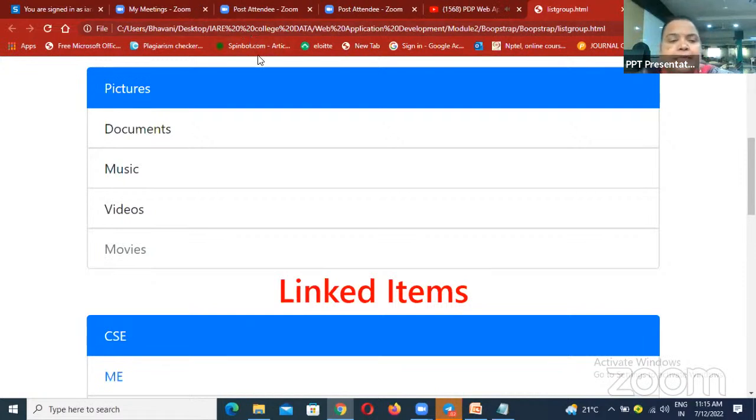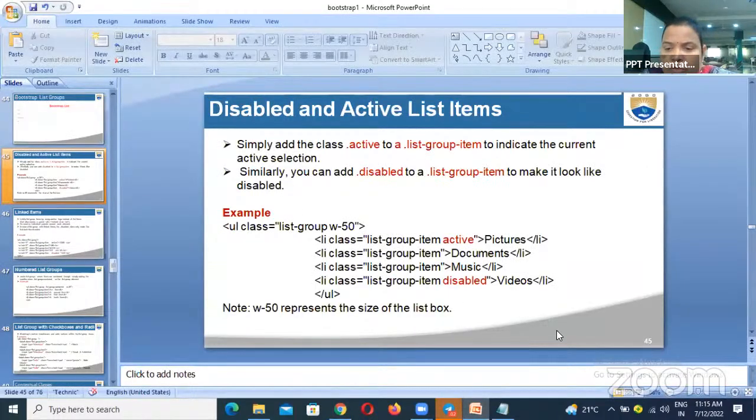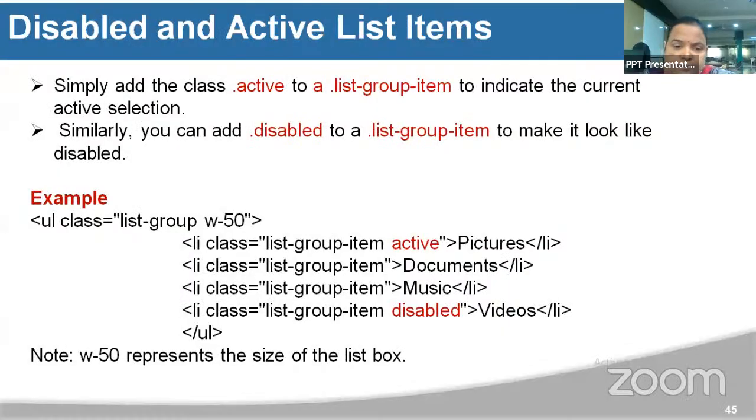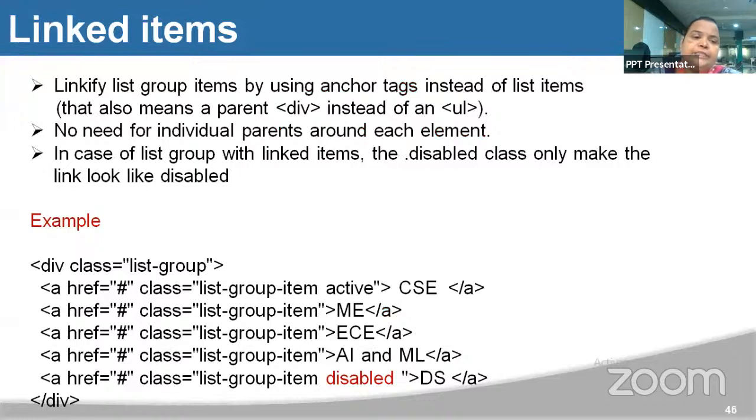Right. And then next, what are the different features available? One more feature in the list is linked items. How the list can be linked to another item.